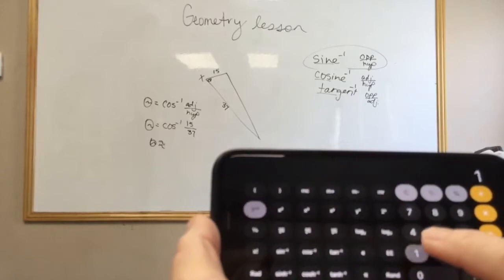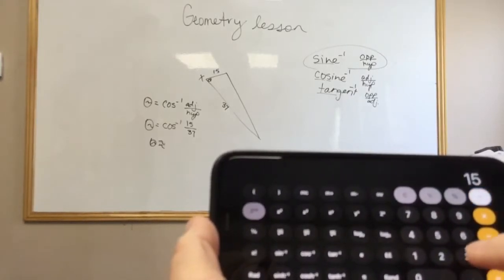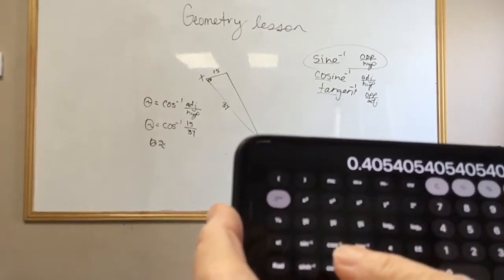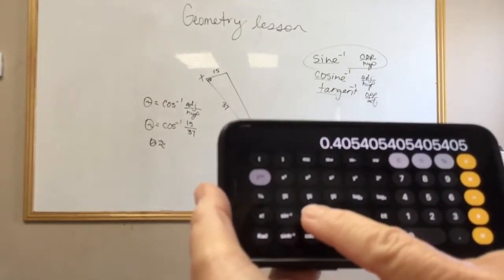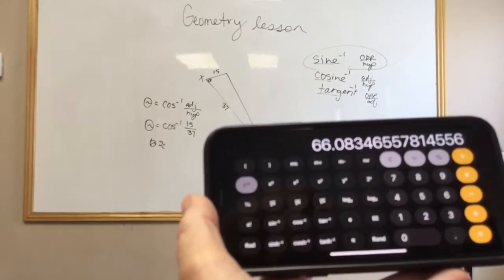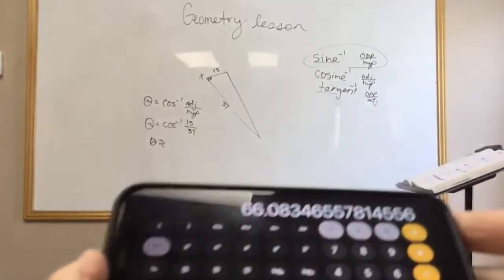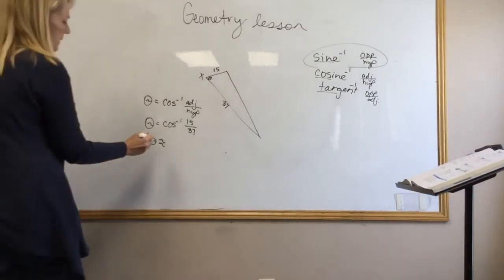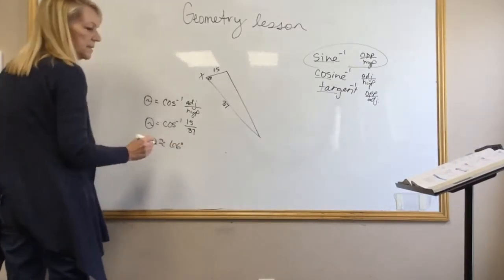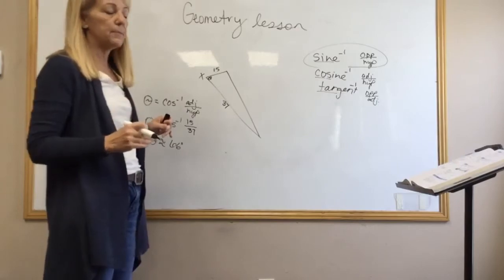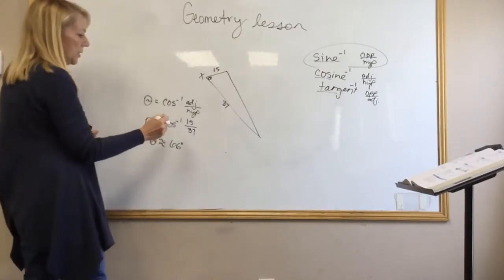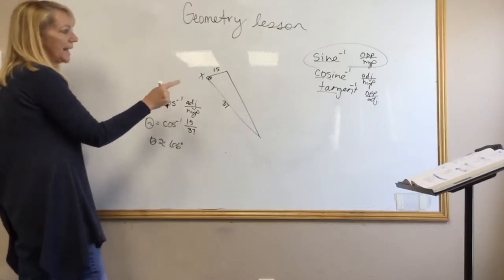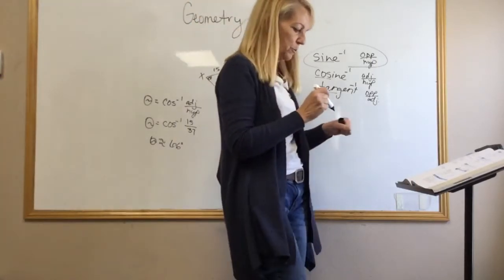That's a division bar. 15 divided by 37 equals, and then I'm going to push the cosine button this time. And that's going to give me 66 point something, something, something. And so I'm going to say approximately 66 degrees. This isn't hard. You just have to remember the steps. So what you do is you do the division first, the button last. Make sure the second button on there is pushed before you begin.